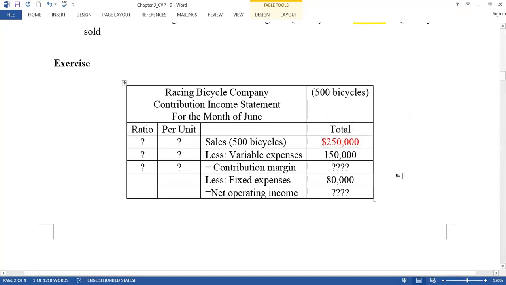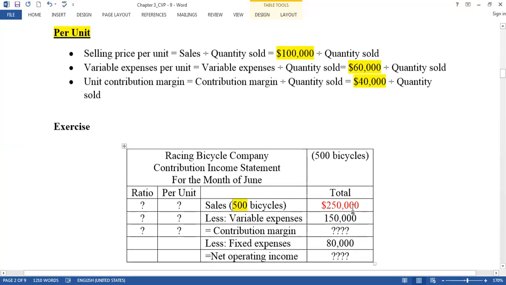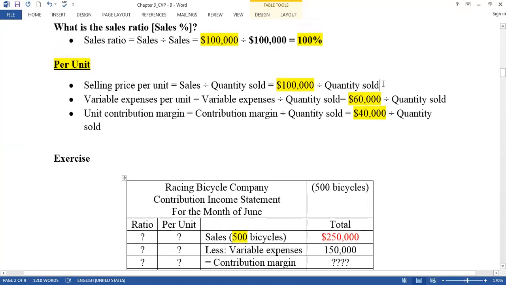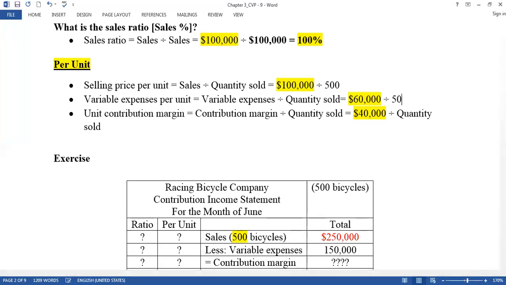Sales is given, $250,000. The quantity sold is 500.